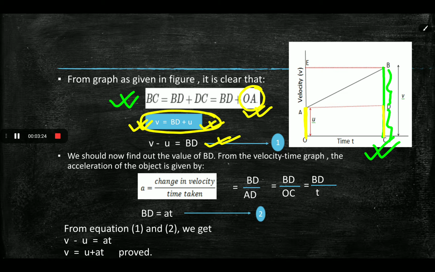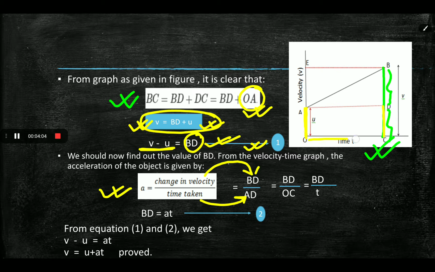This is equation 1. Now, students, we know that in a velocity-time graph, if we have to find the acceleration, then we have to find the slope of the graph. And we know the formula for acceleration is equal to change in velocity by time taken. Here, in equation 1, BD represents the change in velocity, as you can see here. So, in place of change in velocity, we will write BD, and time taken is represented by AD.